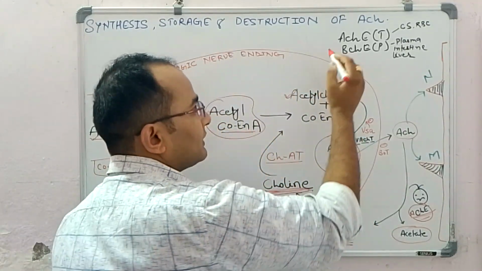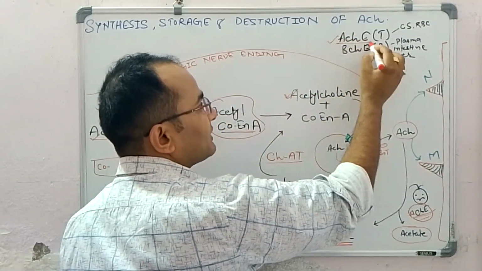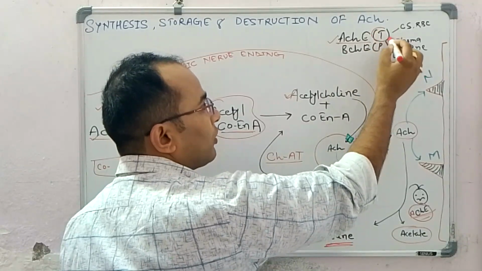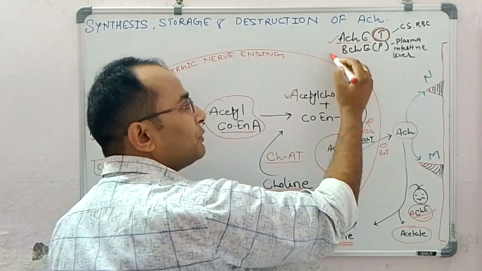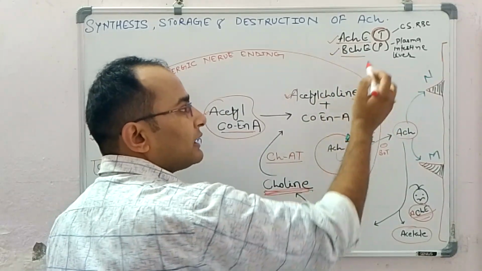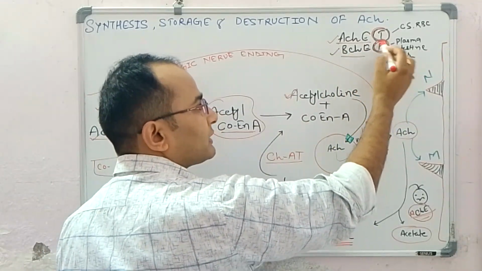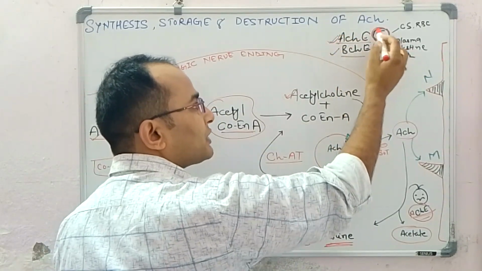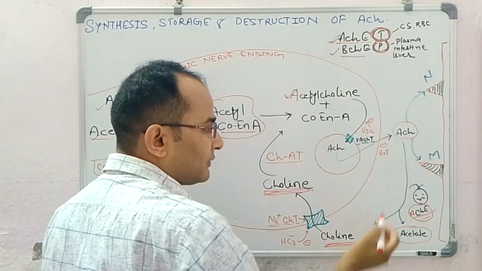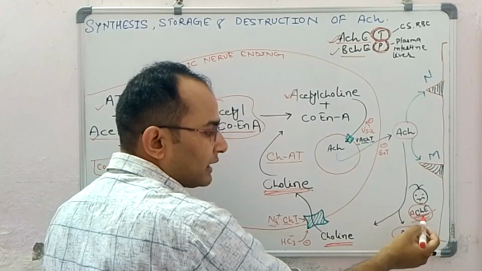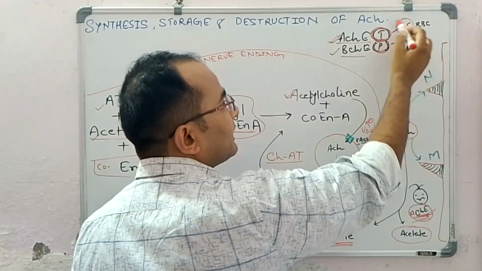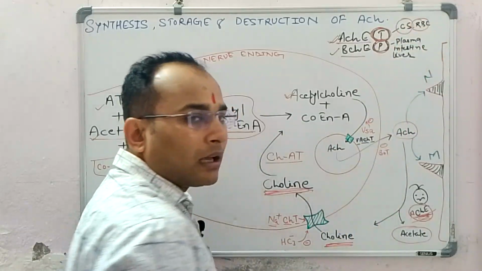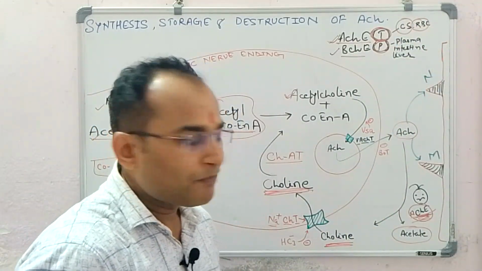Here I have mentioned that acetylcholinesterase is also called true cholinesterase. Another kind of cholinesterase is butyrylcholinesterase, called pseudocholinesterase. Acetylcholinesterase, or true cholinesterase, is present in the cholinergic synapse and in the red blood corpuscles.